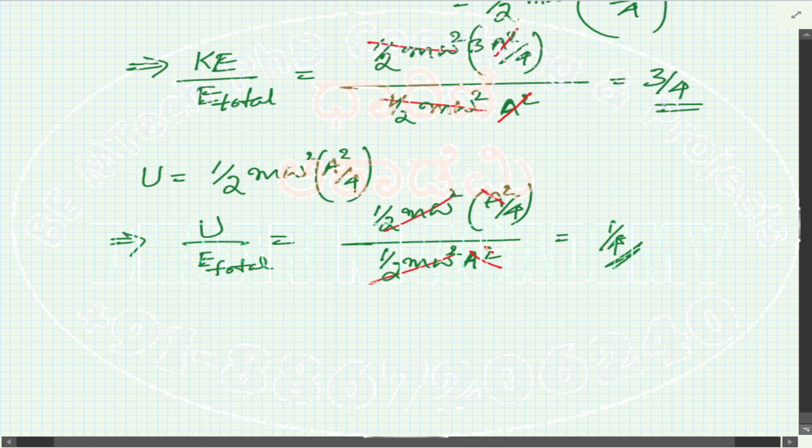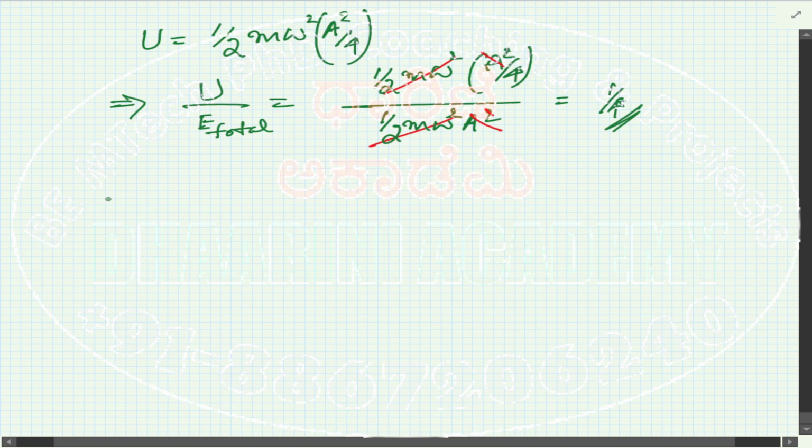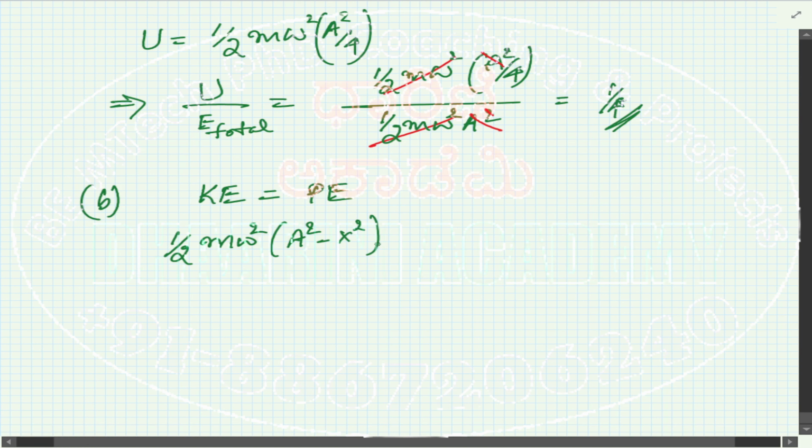Now we have the second part of the question, I'll write it as B. They say that the kinetic energy is equal to potential energy. Let's write the equations now. Kinetic energy is half m omega square multiplied by (A square minus x square).